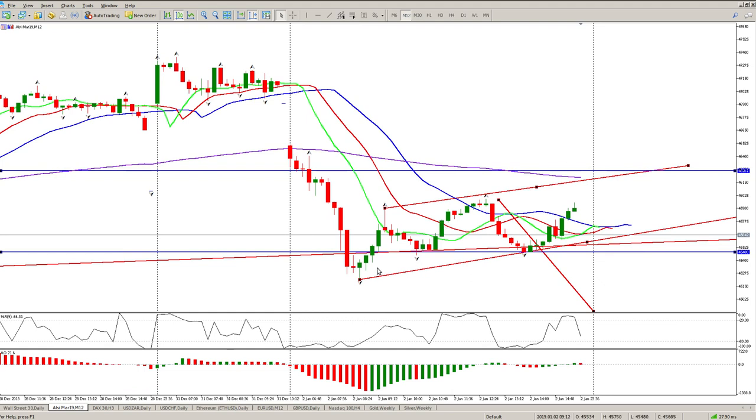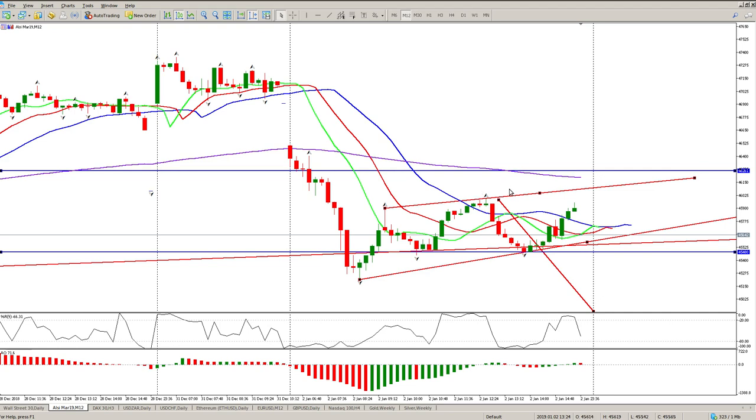So at this stage, for me, this is a consolidation pattern. I can tidy it up. It's a rising wedge, and I'm looking for a break of this rising wedge. In other words, I'm looking for a break below, not the low of yesterday, although the low of yesterday will come into play, but this first fractal at 45,460 is the one that I want to see go. Once that goes, that'll give me the confidence for the short and the stop.